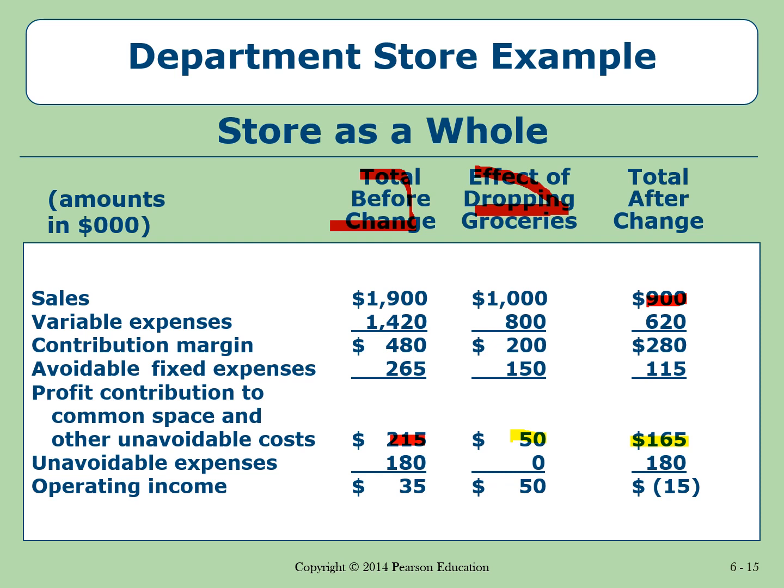But the problem lies with the unavoidable expenses. Here goes the problem. You can find that we cannot drop any part of this. We have to keep it because it's unavoidable. So this means the 180 stands complete as the total after change. This will lead to a change in net income from income into suffering losses of 15.